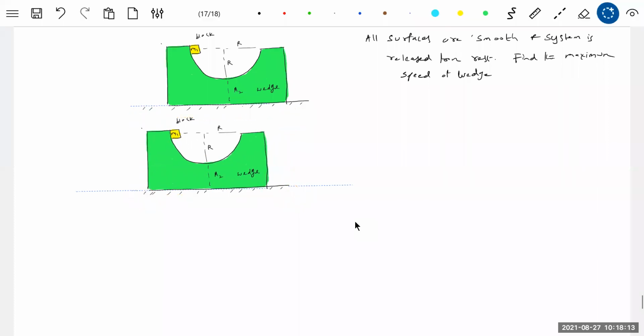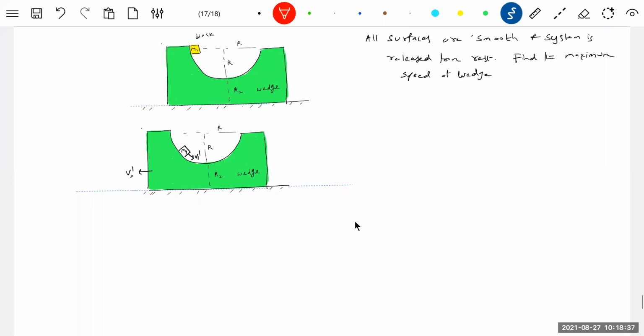Why will it undergo some displacement? The block will be here, no? M1 will have some velocity, say V1 dash. This will have velocity V2 dash.